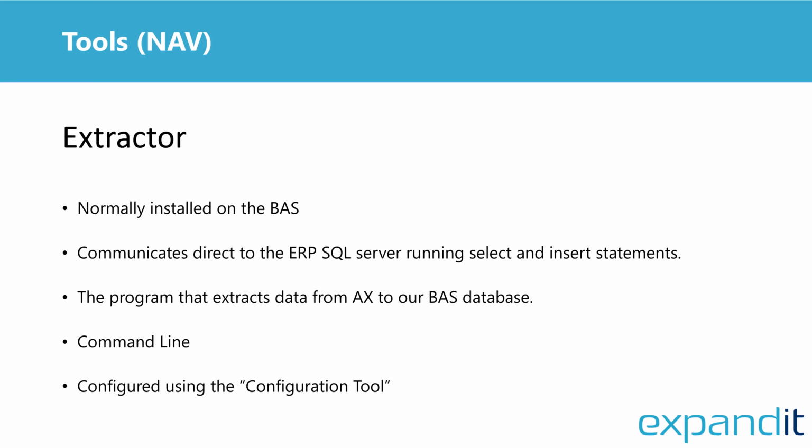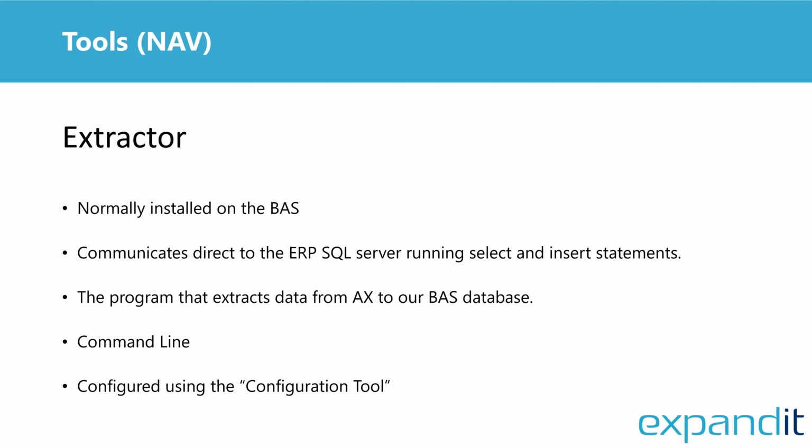It communicates directly to the ERP system, and the extractor is specifically used for on-premise AX installations. So we should have touched on that to begin with. It's going to interact directly with the ERP SQL.